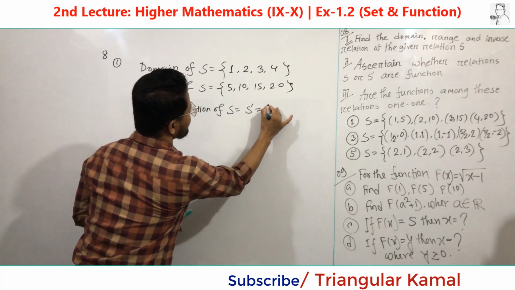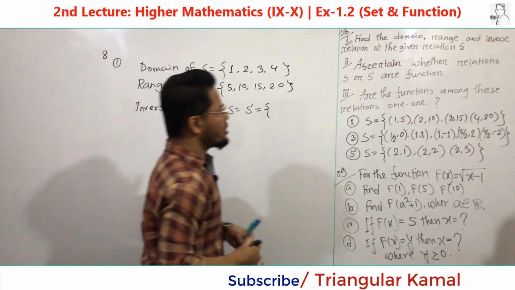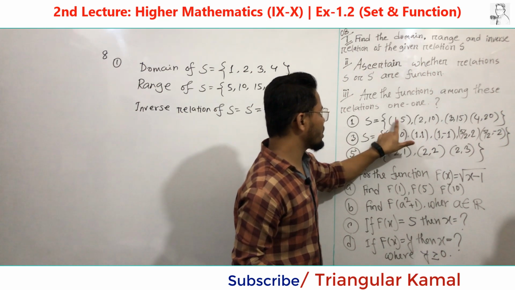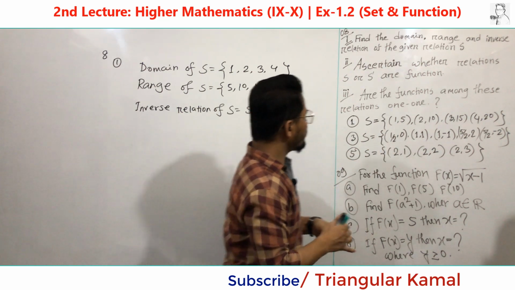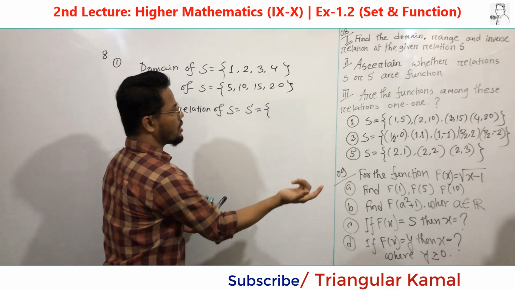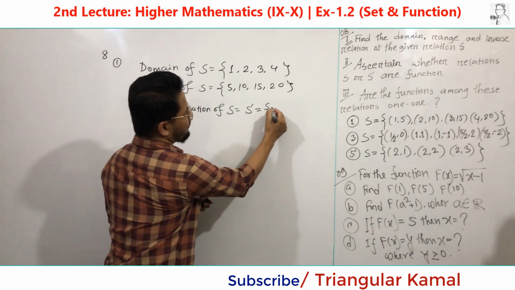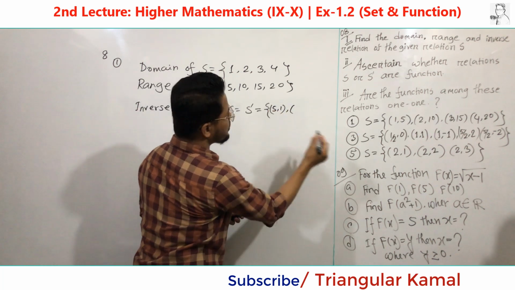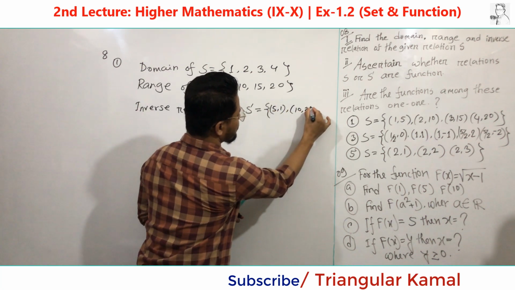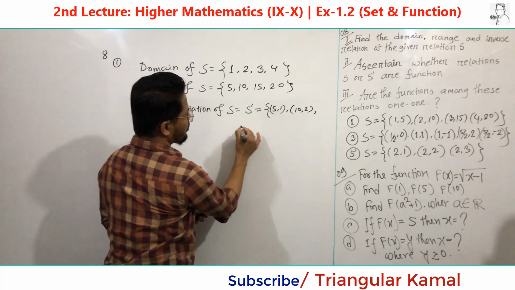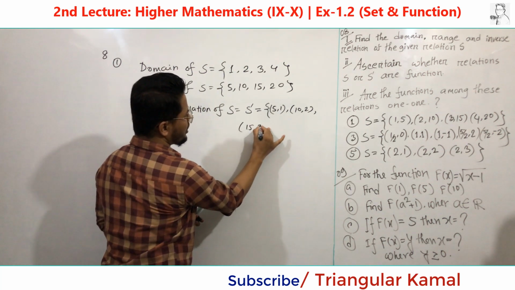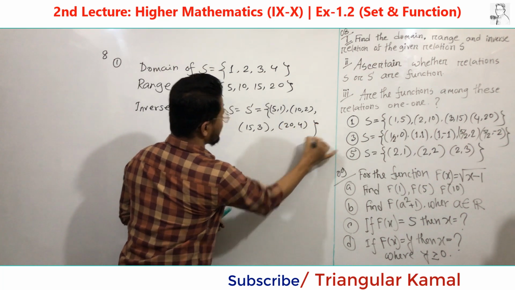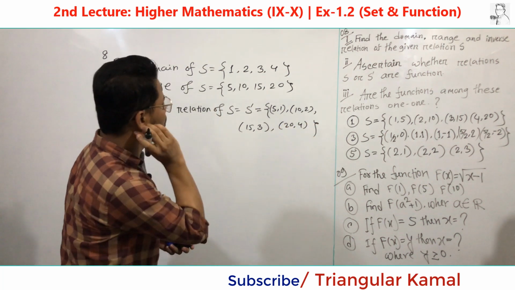In the ordered pairs, the first element becomes the second and the second becomes the first. So the domain will be the range and the range will be the domain. So (1, 5) becomes (5, 1), (2, 10) becomes (10, 2), the third becomes (15, 3), and finally the fourth becomes (20, 4). This is the inverse relation.